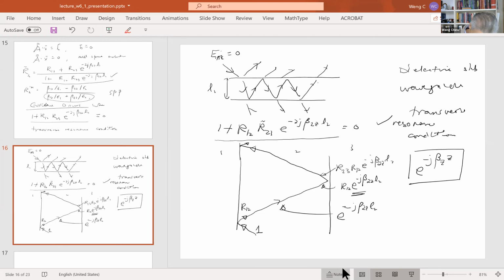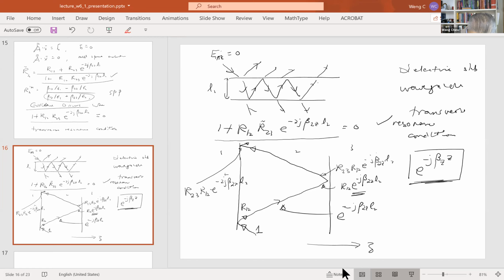And then it's going to travel. As it travels along my z-axis, it acquires a phase. The phase it acquires will be R23 R12 e to the minus 2j beta 2z L2 now, because it travels the thickness 2 times, so the phase is 2 instead of 1.